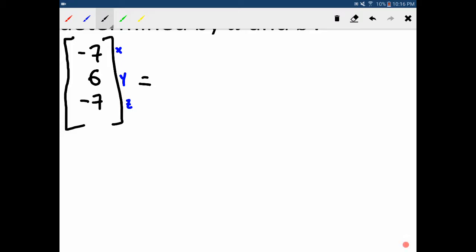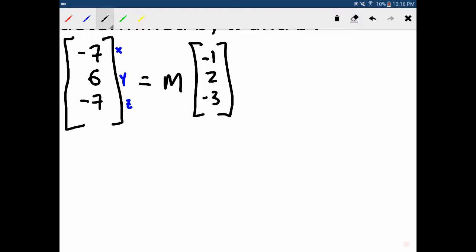Okay, it's no different. The stuff I wrote in blue, that's just a note, not part of the equation. So we'll have a constant m, and we'll multiply it by -1, 2, and -3. This is our vector A. You'll notice because you use these square vectors and line them up on top of each other, you don't actually have to use the arrow that we do when we use normal coordinate notation.